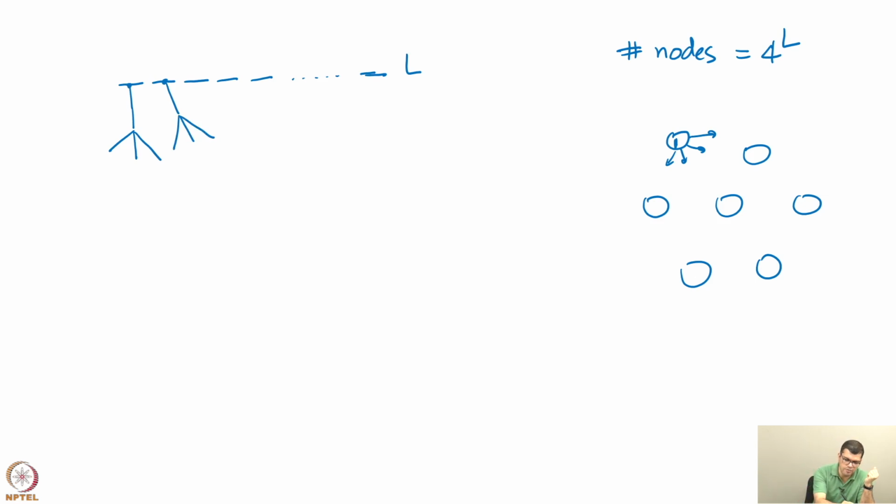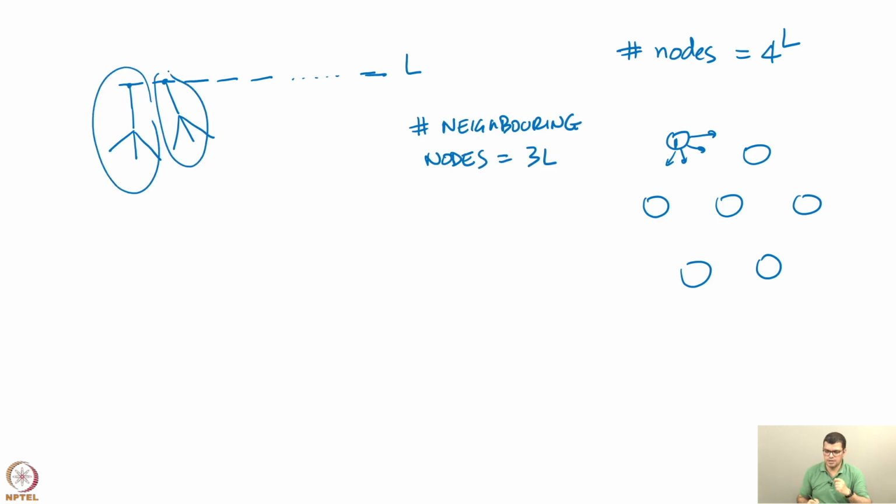So every position offers me a chance to make a mutation in 3 different ways, and since I am only allowed one mutation, the total number of neighboring connected nodes is going to be 3 times L. That is, 3 options for every one of the L positions that this sequence has. And this is the reason why in the previous case we got the answer 3 times 2, which was 6 neighbors for every node.